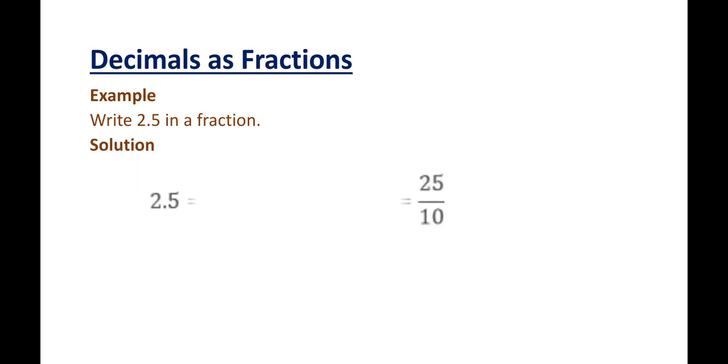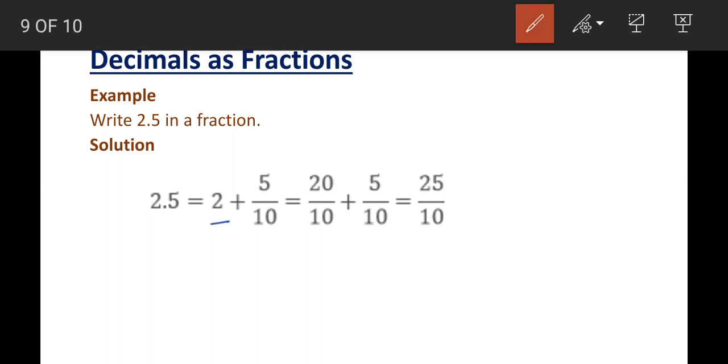Next we will discuss how to write decimals as fractions. Just the opposite of that. Write 2.5 in fraction form. There is one digit after the point, so we have to divide by 10. So 2.5 means 2 plus 5 by 10.